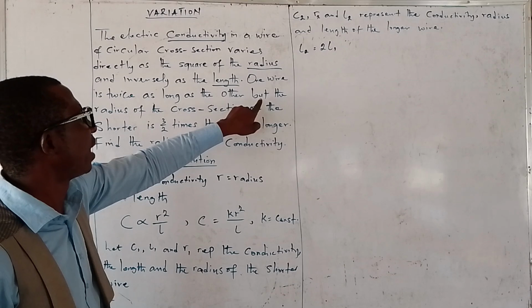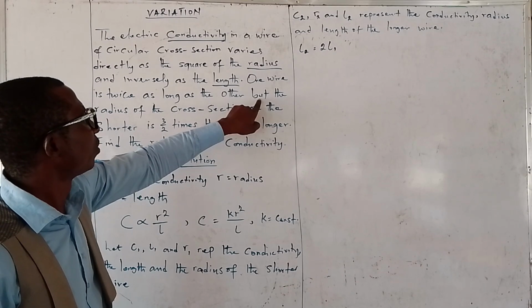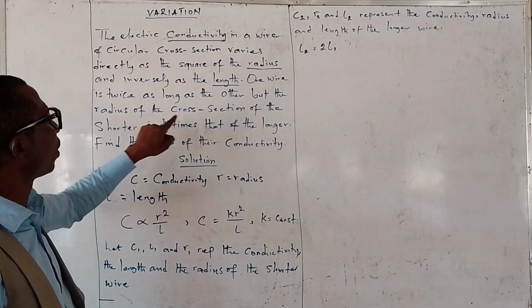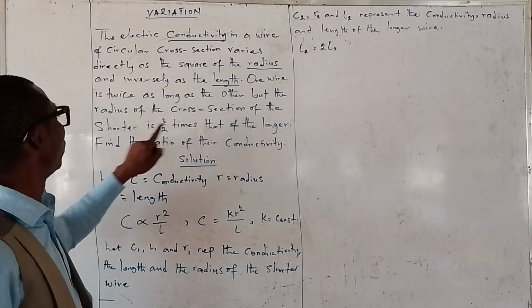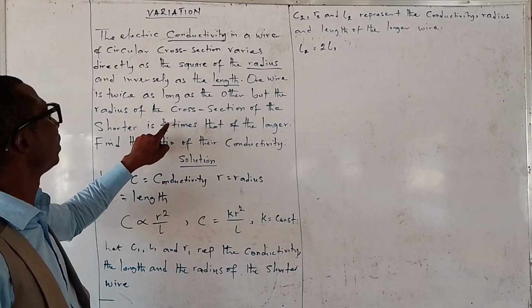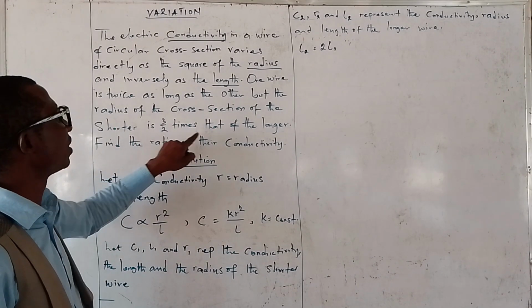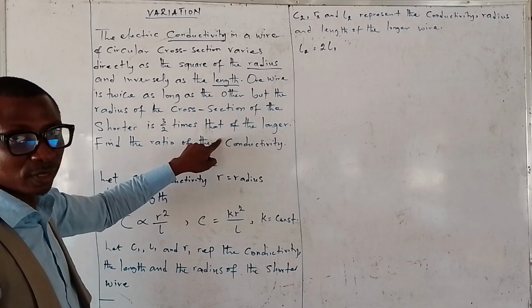Now, we are also given that the radius of the cross section of the shorter wire is 3/2 times that of the longer. You get that now?